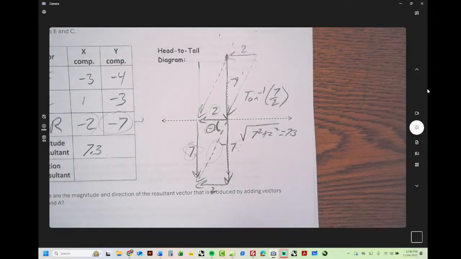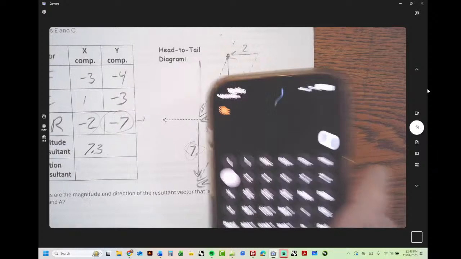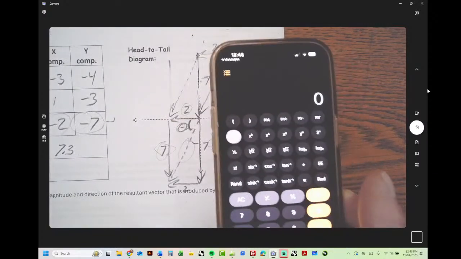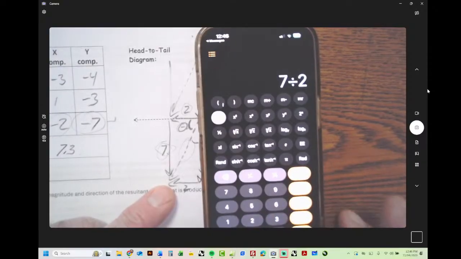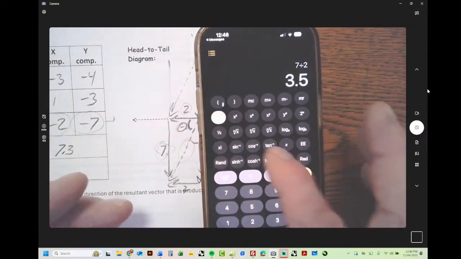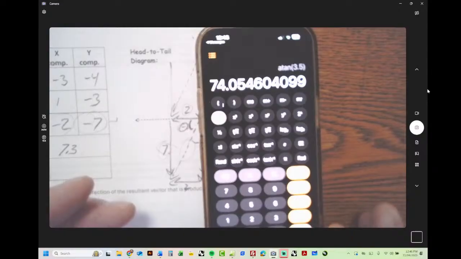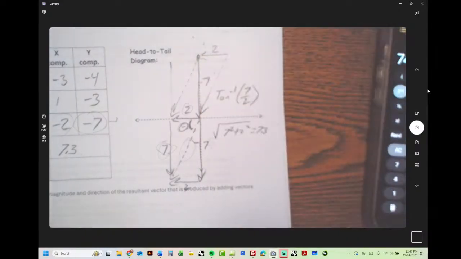And if you're doing this on an iPhone, the order is a little bit different. You do the 7 divided by 2 first, and get that, and then do second and inverse tangent, 74 degrees.